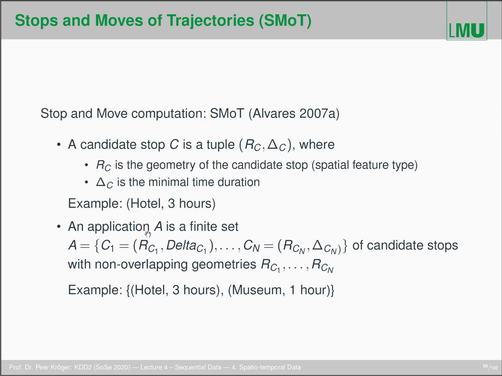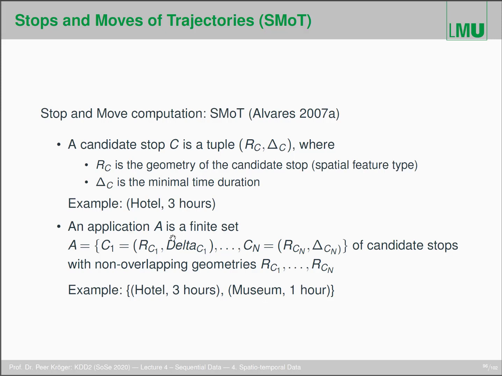So an application is a finite set of candidate stops, with non-overlapping geometries. So the regions here are non-overlapping, and we give them a specific semantics. For example, the region of this candidate stop is a hotel, and this region here is a museum.